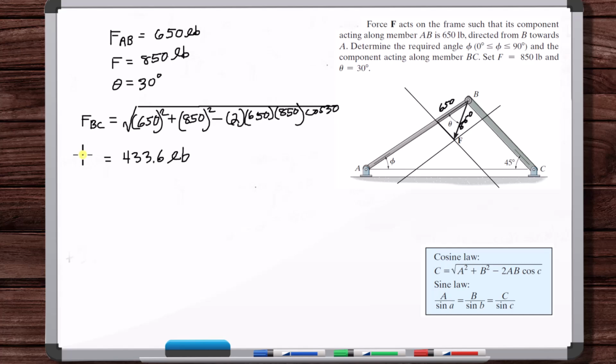Now that's one of the values it was asking us.